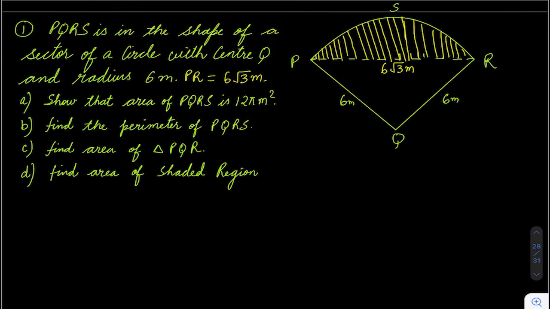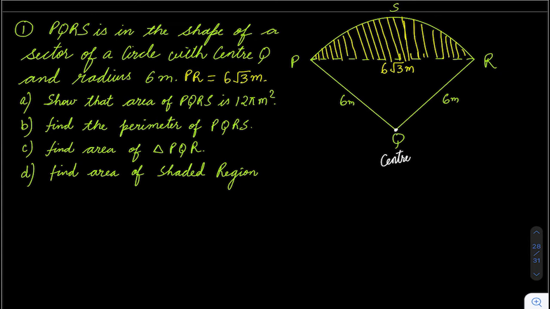So this is the question here. We have PQRS in the shape of a sector of a circle, with center Q. So Q is our center of the circle, and the radius of the circle is 6 centimeters, as we can see PQ, and PR is given as 6 root 3. This length PR is given as 6 root 3.